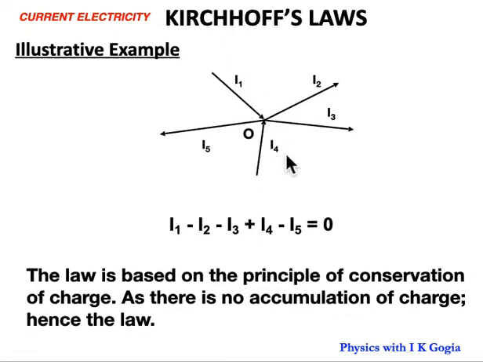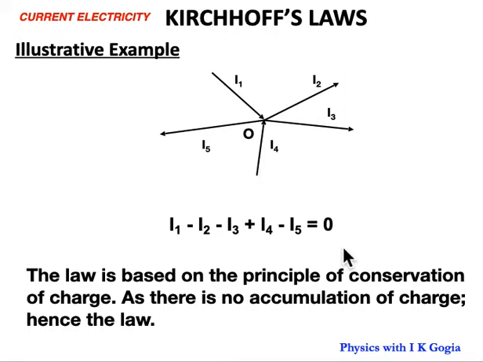These will be taken as positive as per our sign conventions. I2, I3 and I5 are outgoing and these three currents are to be taken as negative. Algebraic sum is 0, which means I1 minus I2 minus I3 plus I4 minus I5 equals 0.